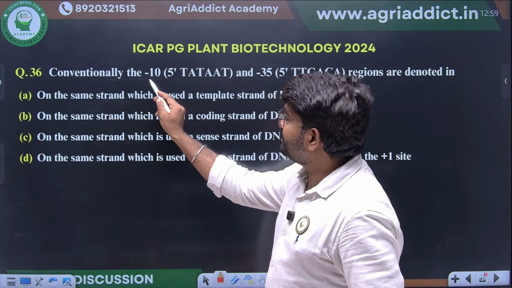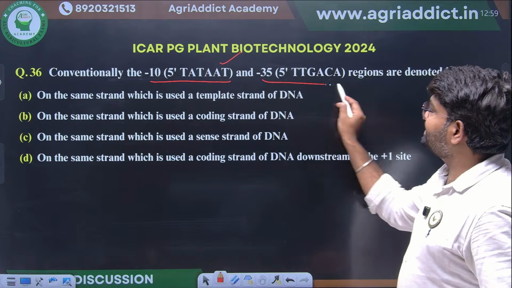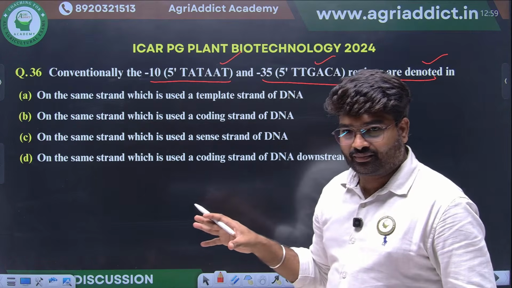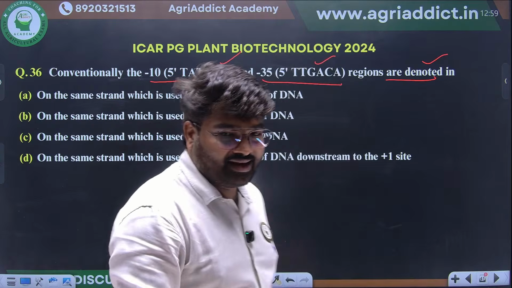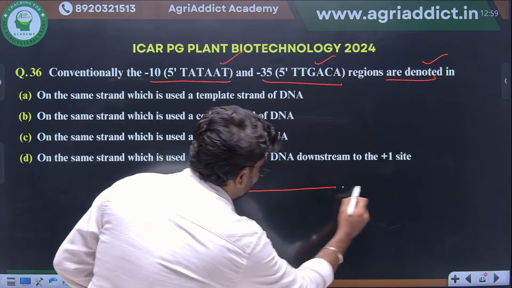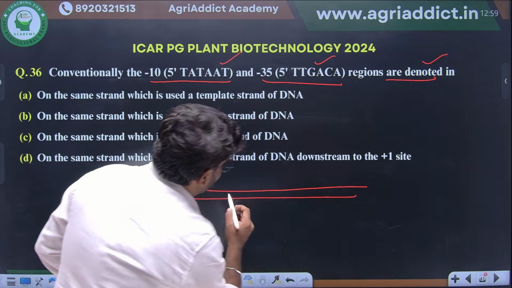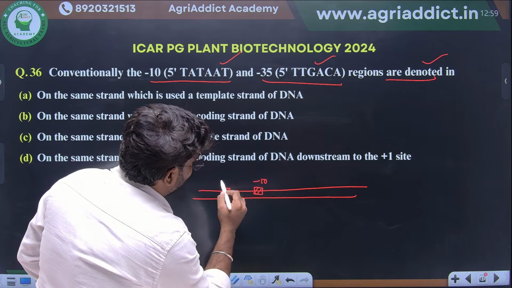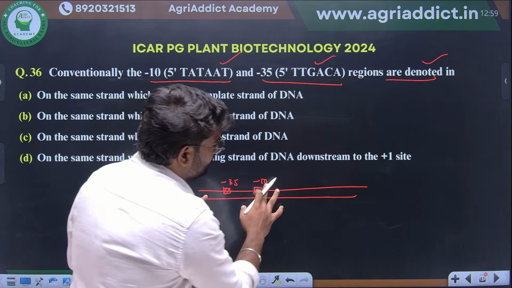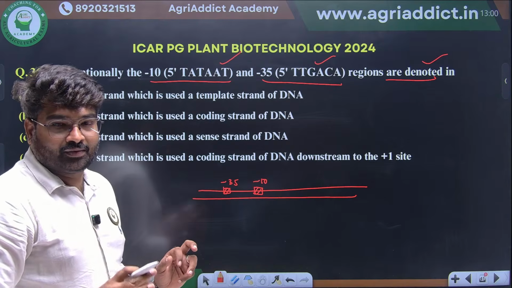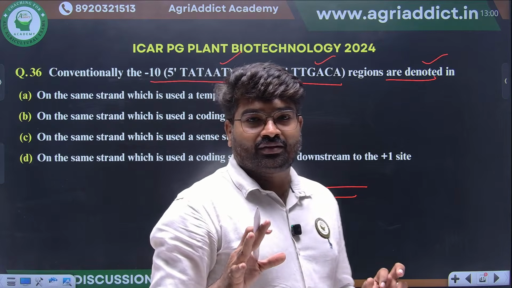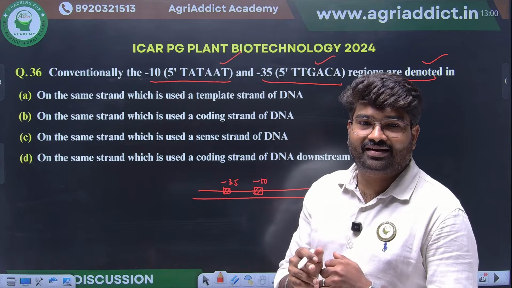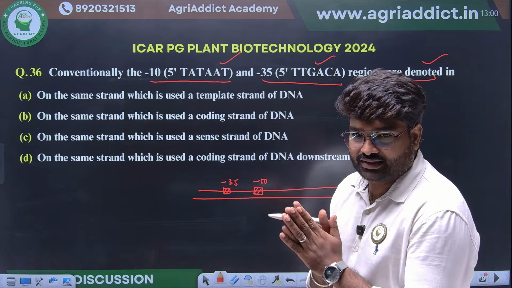Next, observe this question properly. They are asking, the TATA box and minus 35 box are denoted in which strand of the DNA? Which strand of the DNA? For example, this is the double strand of DNA. For example, here promoter regions are there, the minus 10 and minus 35 regions. Should this be present in the coding strand, template strand or sense strand? What will be the right answer, students?